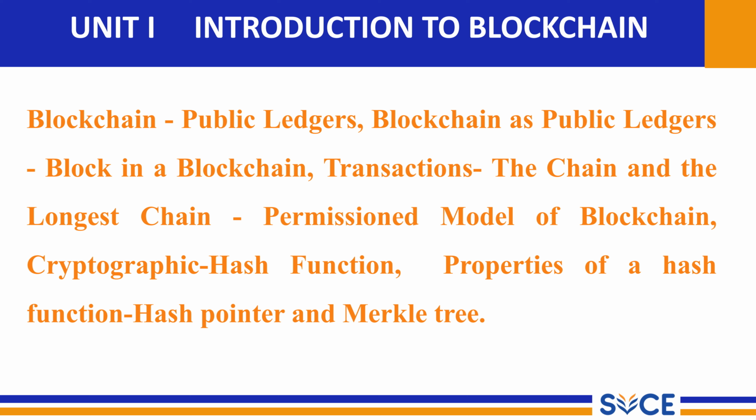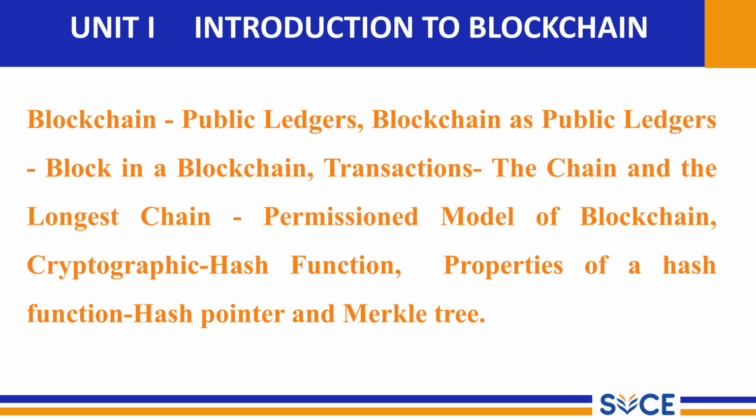Next, we will break down the structure of the block and how transactions are linked together to form a chain. This leads us to an important concept, the longest chain rule. This longest chain rule ensures that all the participants in a network agree on a single version of the truth.